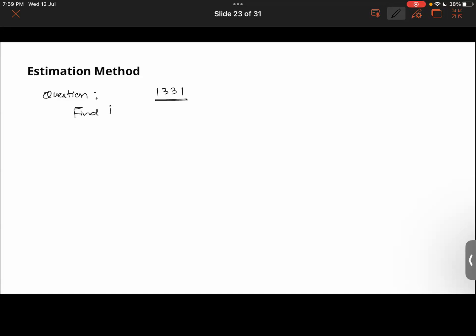Find its cube root via the successive subtraction method. Take your time and solve this one and give your answers in the chat box.